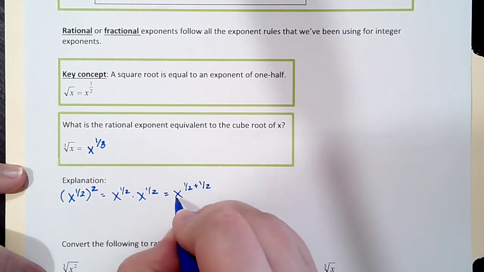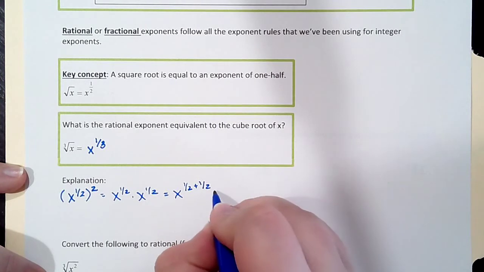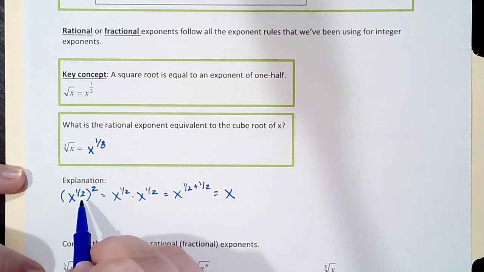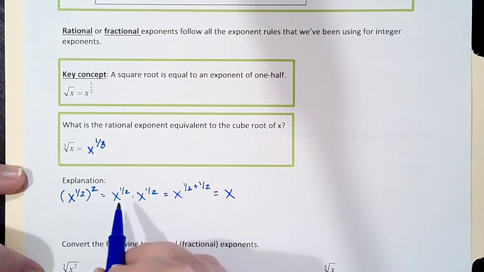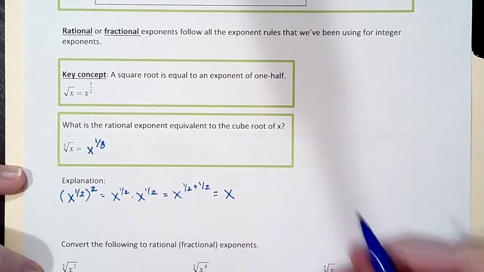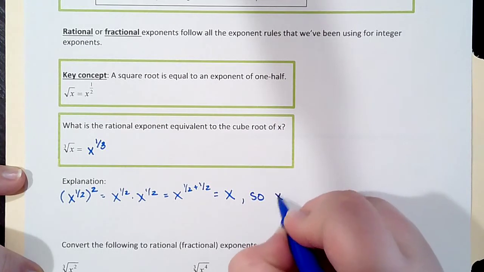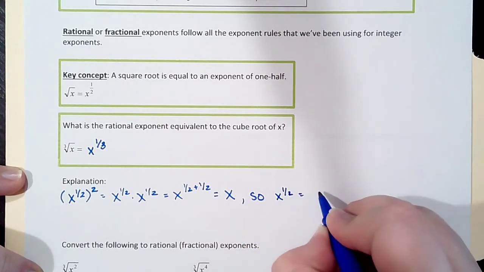Well, x raised to the 1/2 plus 1/2 is just x. So essentially, x raised to the 1/2 power is a number whose square is equal to x. Therefore, x to the 1/2 is equal to the square root of x.